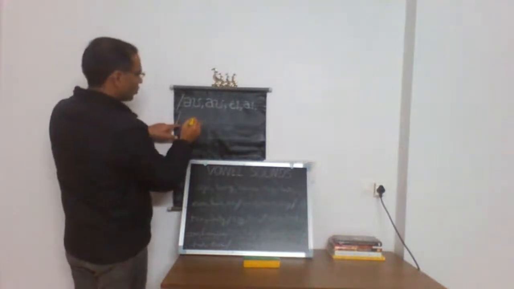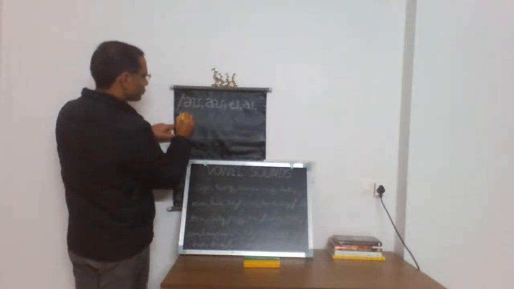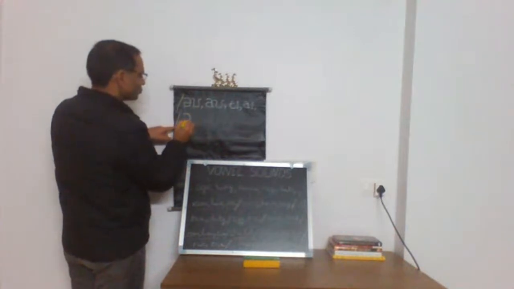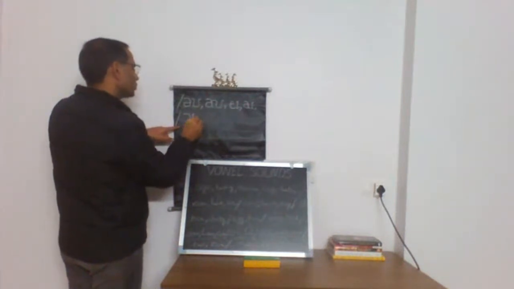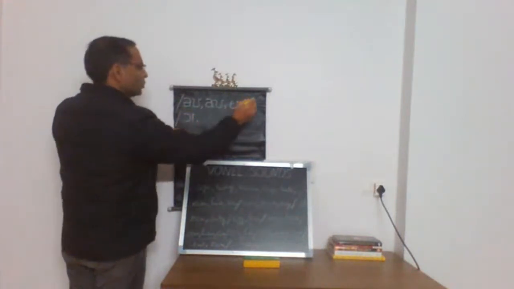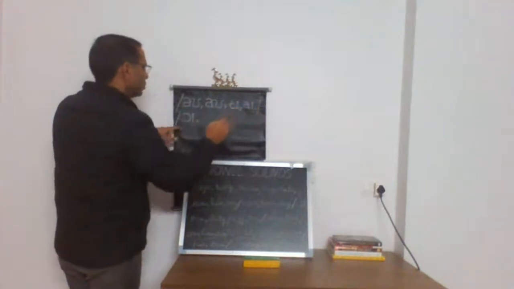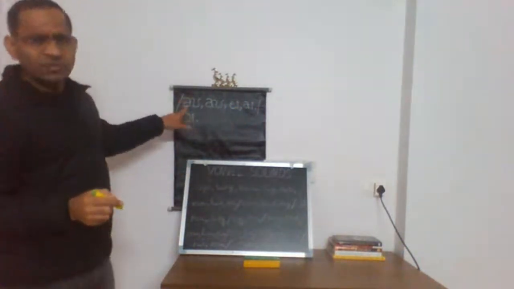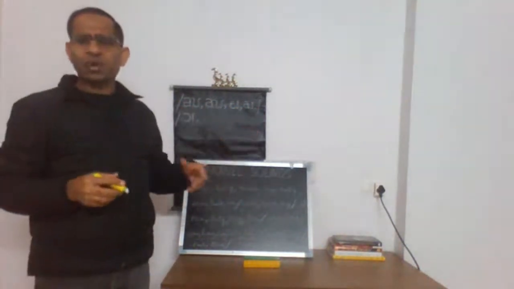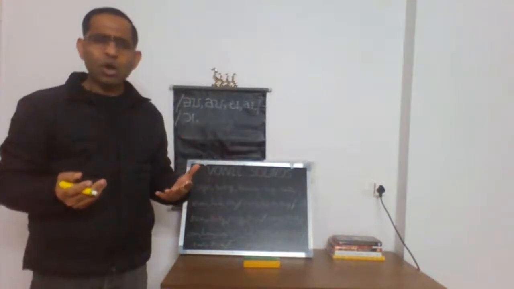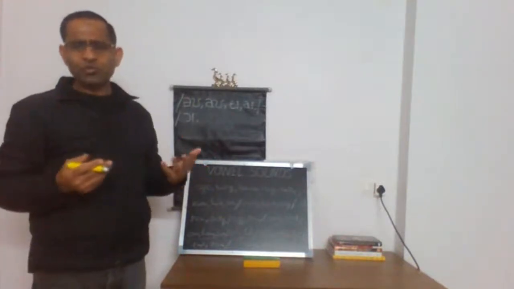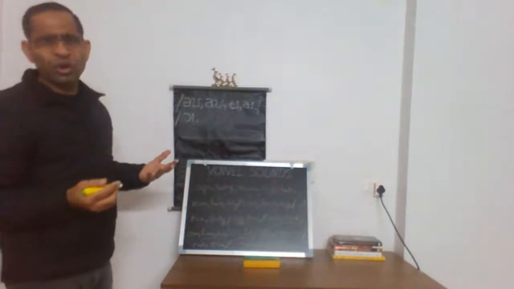The next diphthong is oi. We use this sound when we pronounce words like boy, choice, and toy.